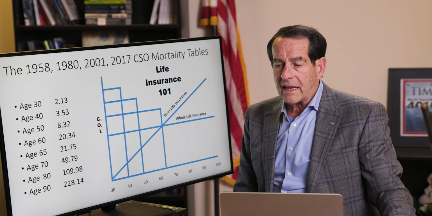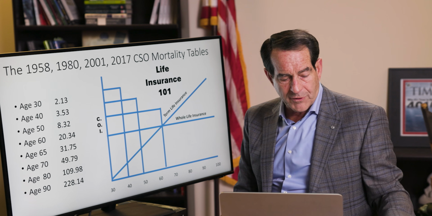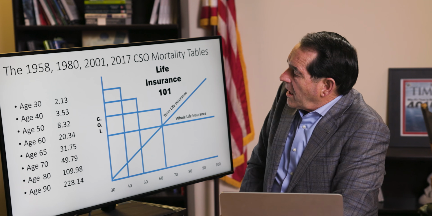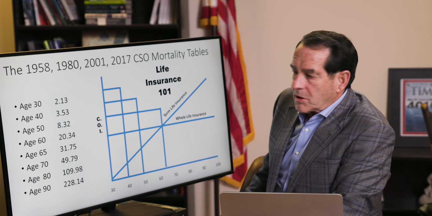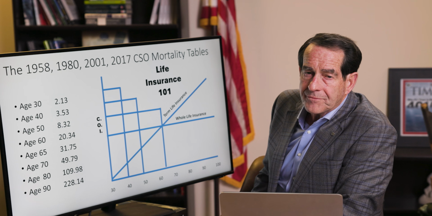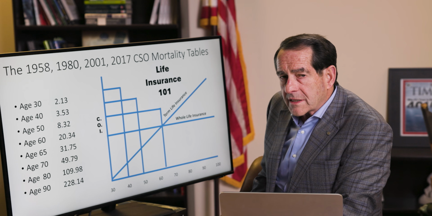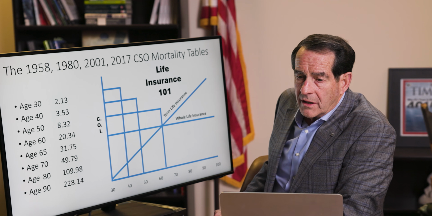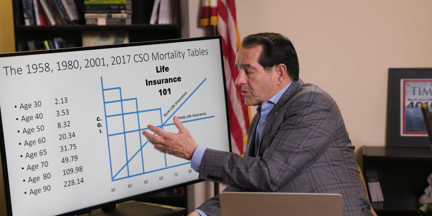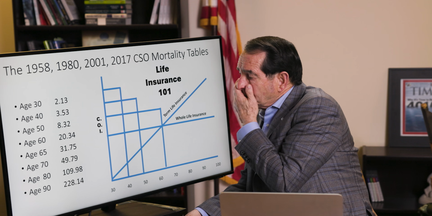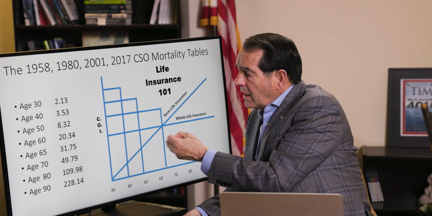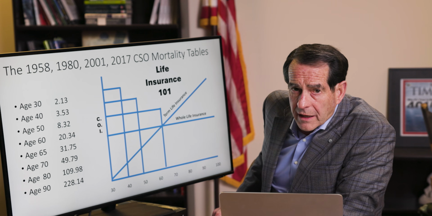Then in 1980, E.F. Hutton, who was a brokerage firm, said, well, wait a minute. This is all tax-free. What if we just use this cash while we're alive? Because under Section 7702 of the Internal Revenue Code, you can access this money. You can borrow from the insurance company using this as collateral. You can access this excess money if you want, and it's tax-free.